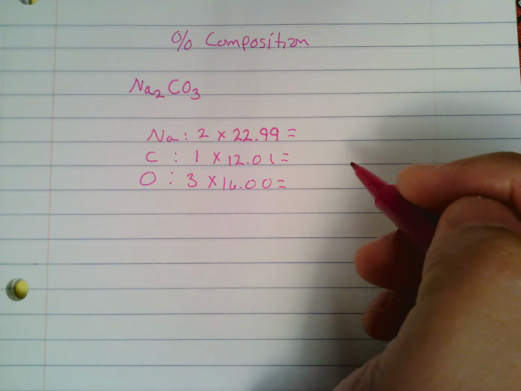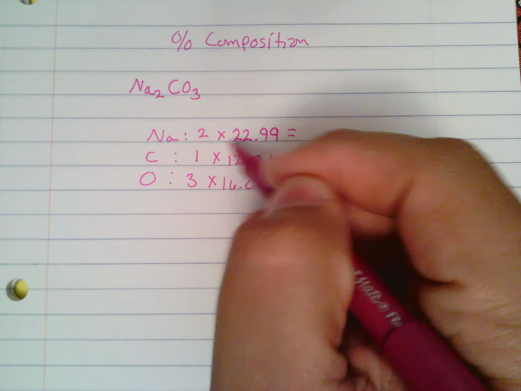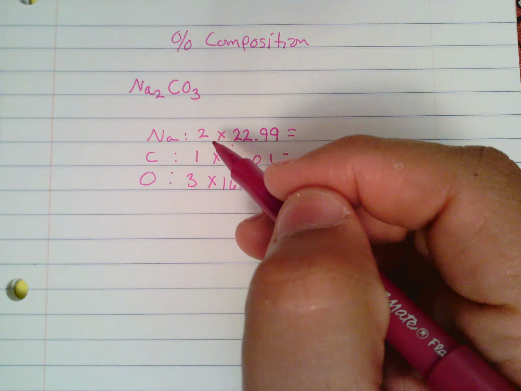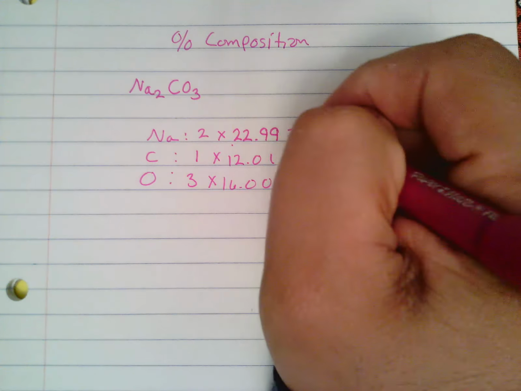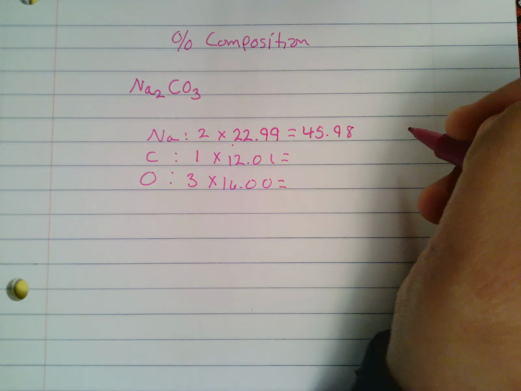At this point, we then need to figure out the total molar mass. We need to figure out how much all of these things add up together. We start with sodium, and that should be 22.99 times 2. If we type that into our calculator, I got 45.98.